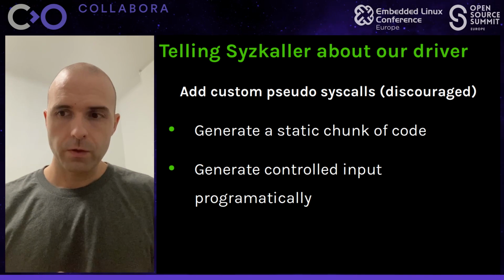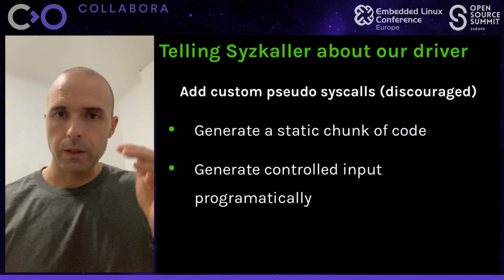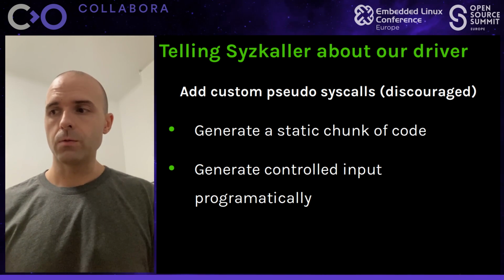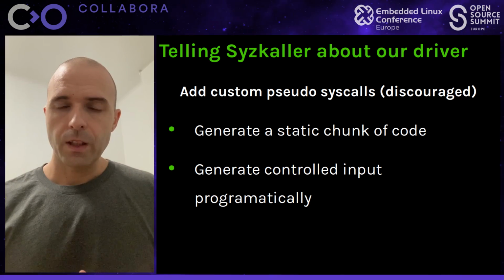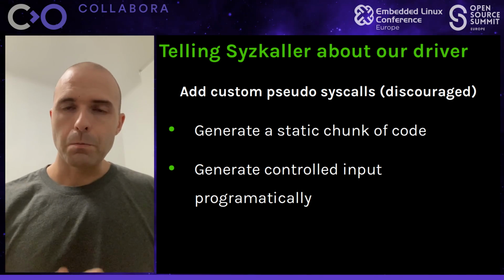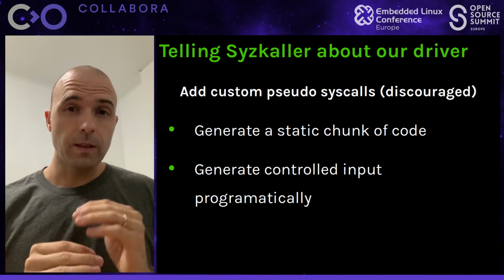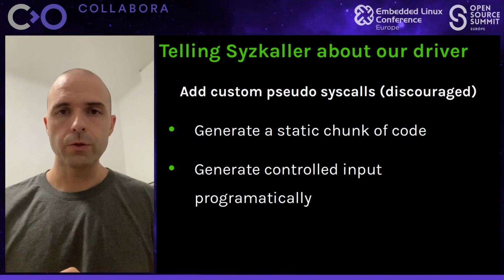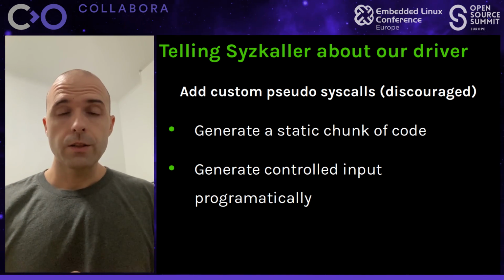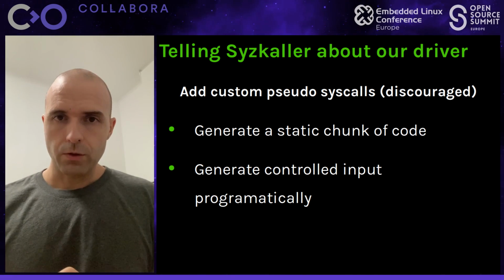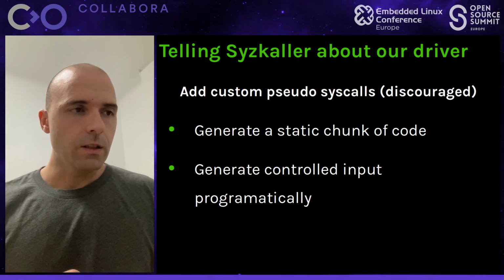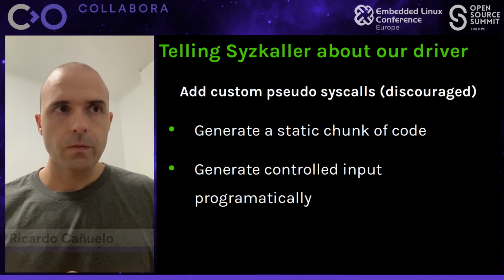This can be useful for preparing a setup for a part of the test, or to run an operation that is made of many system calls that need to be called in a particular sequence. It's also useful to generate input data in a controlled way, or even more useful, in a programmatic way.